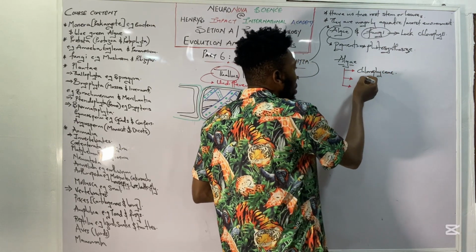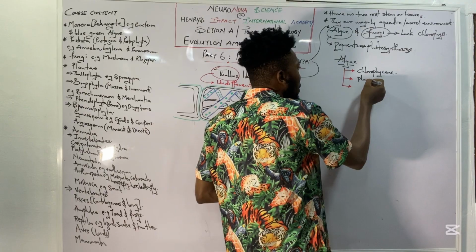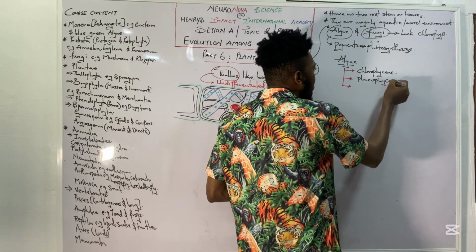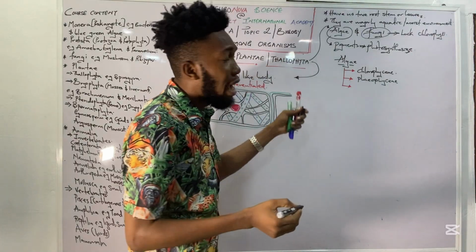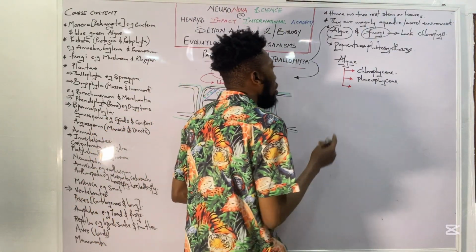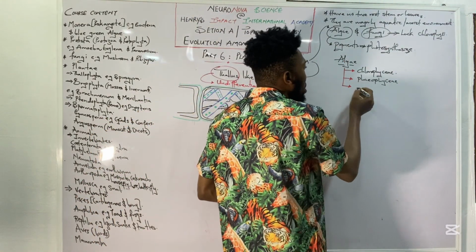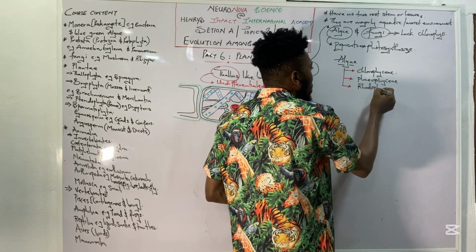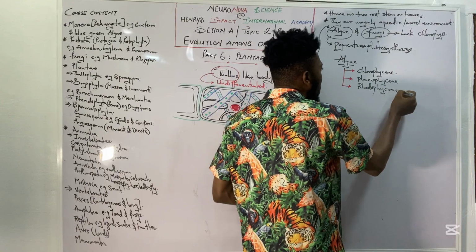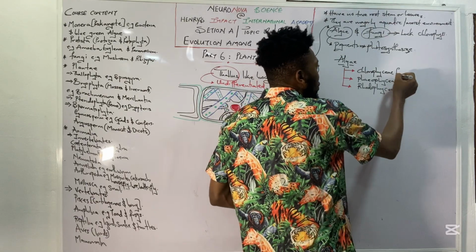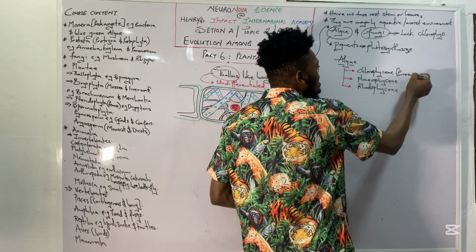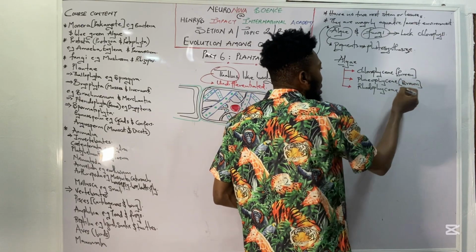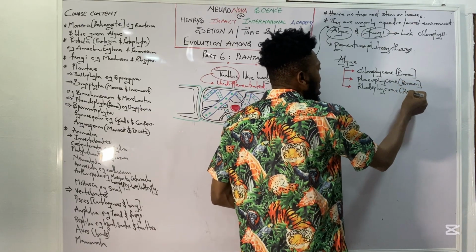The brown algae are the Phaeophyceae, or you can call it the Phaeophyta. And the red algae we call the Rhodophyceae. Let me put it in front here so you can remember.